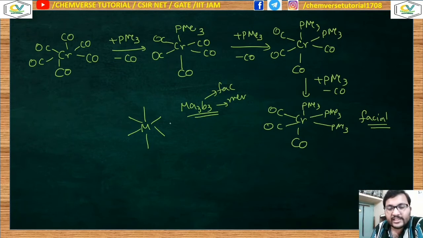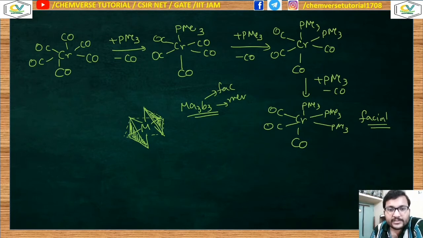Anyway, for the facial isomer, if you consider an octahedral geometry, now over here, if you consider this part of the octahedral geometry, this is one face, and just the opposite part is another face. There are some other faces also, but here I am discussing two opposite faces of the octahedral geometry.